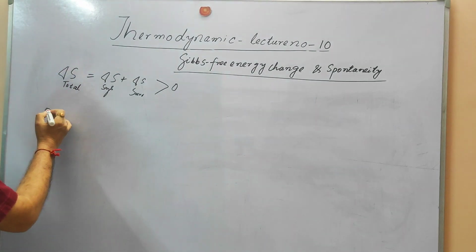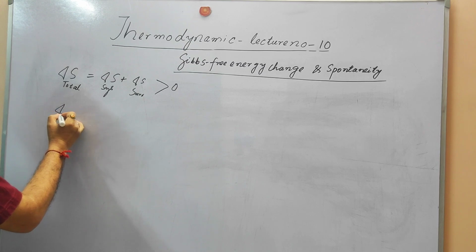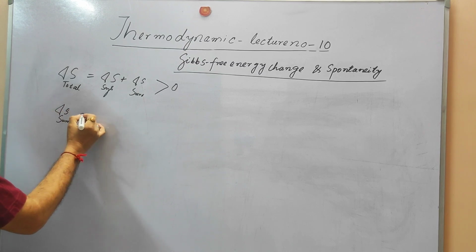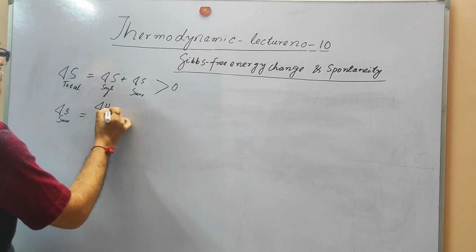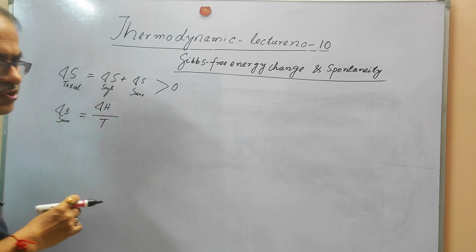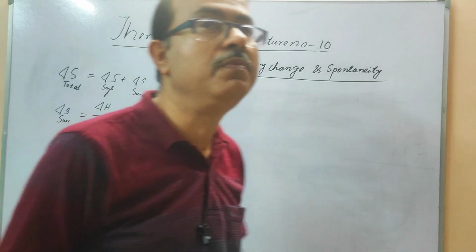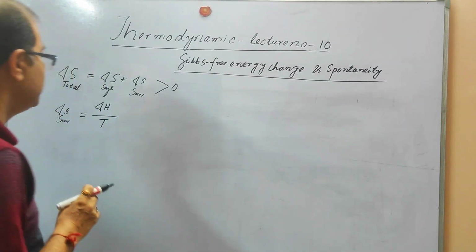So we can write the change in the entropy of the surroundings as delta H by T, where T is the temperature, because it is in thermal equilibrium.